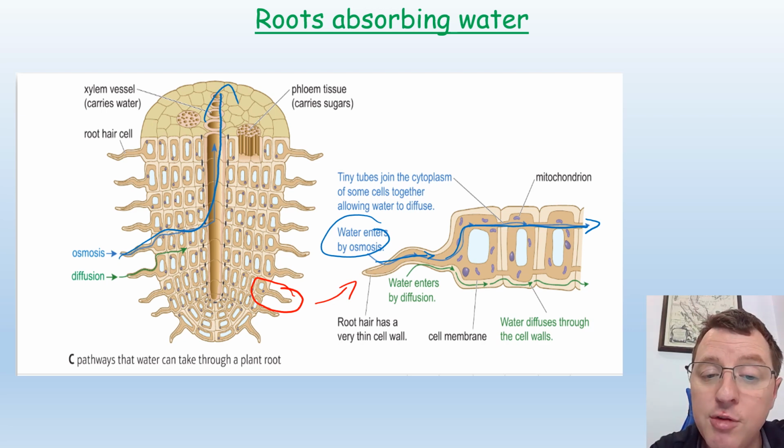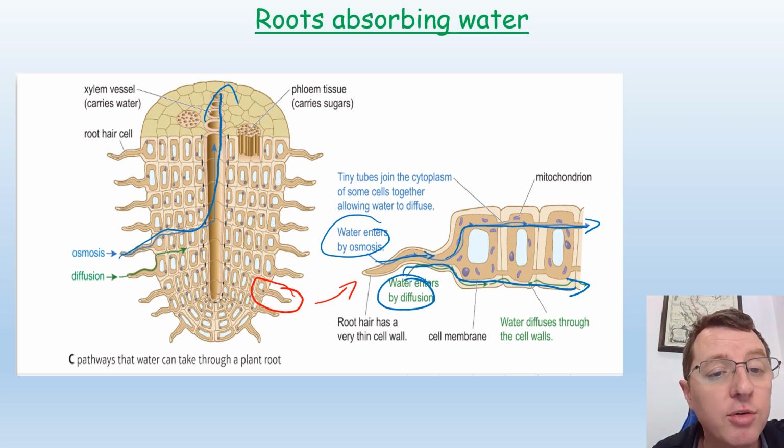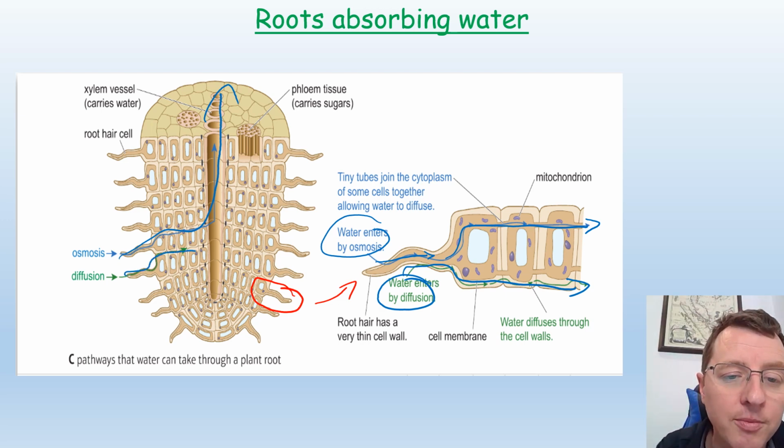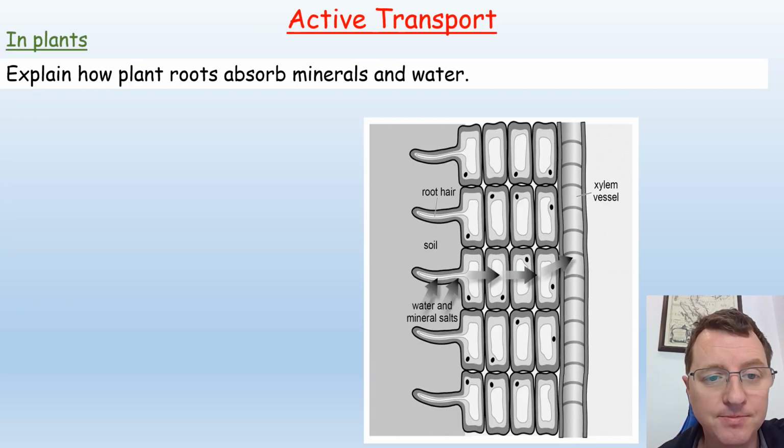Water can also move through the root hair cells through the actual cell walls by diffusion. So we've got two different pathways that water can flow through the root hair cells, through the cells of the root and into the xylem and up the stem to the leaves.